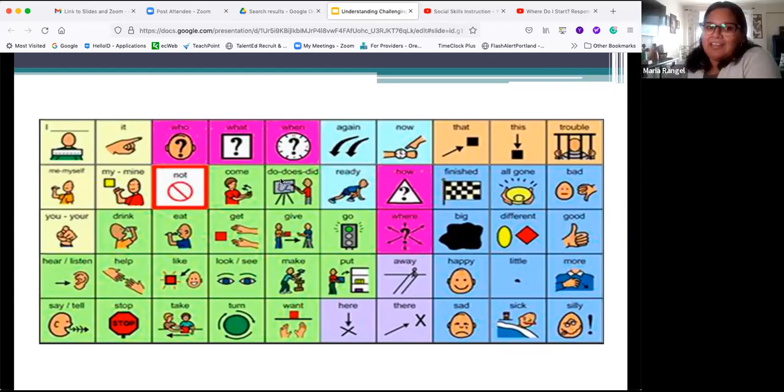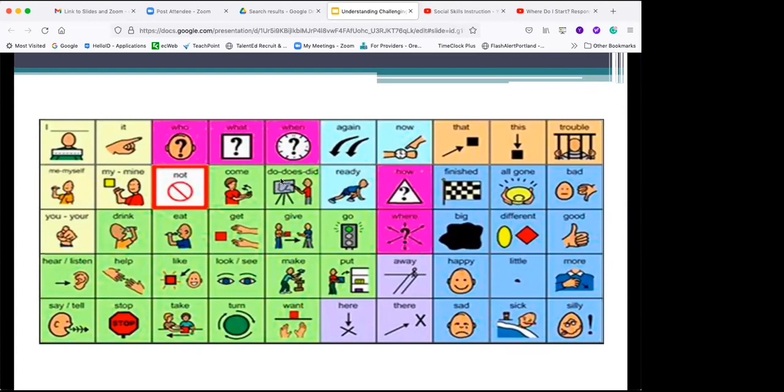I love visuals and I love the core board. From my own experience, my daughter has limited verbal communication, and she uses an iPad with a downloaded communication app.